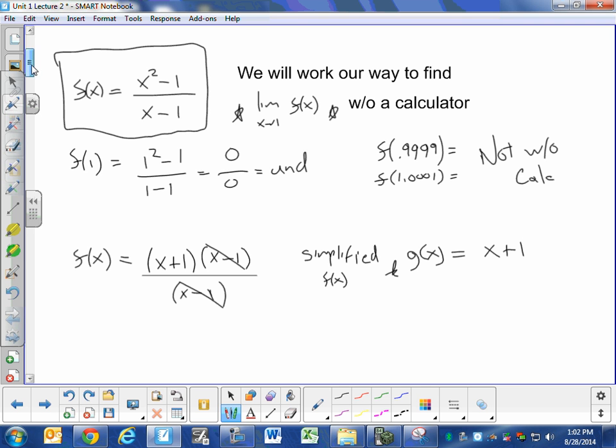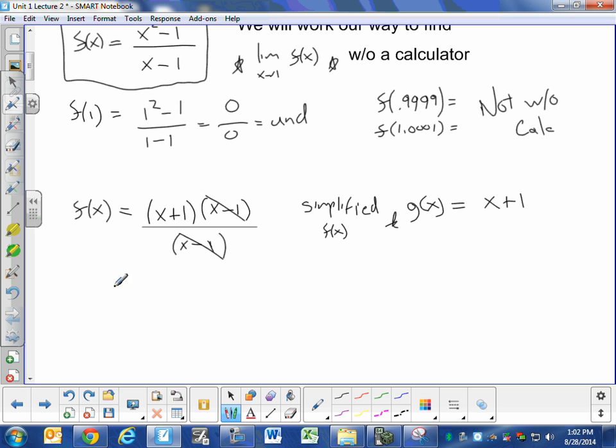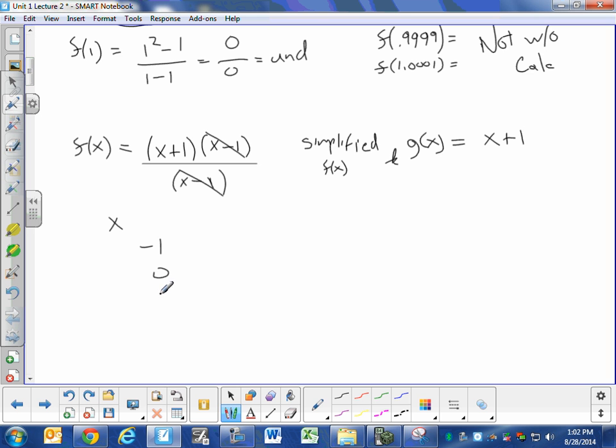Maybe let's look at a little bit of a table for different x values. Let's say -1, 0, 1, and 2. For my f of x, which is my x squared minus 1 over x minus 1, and my simplified g of x, which is x plus 1.